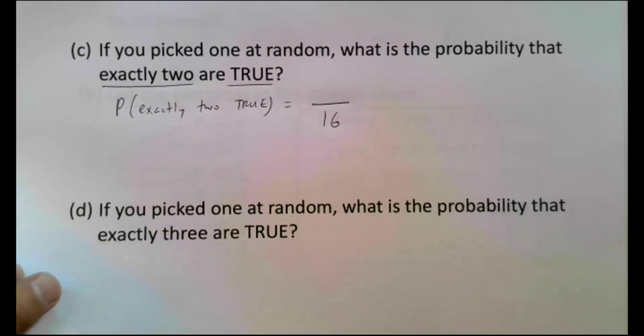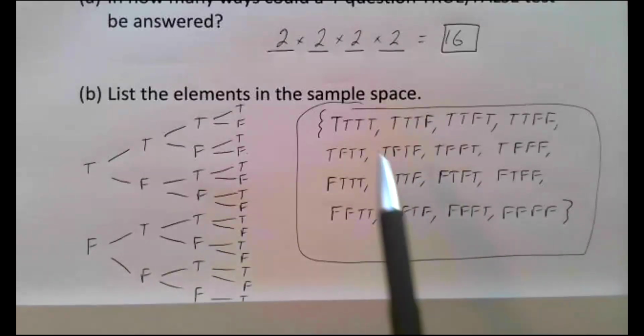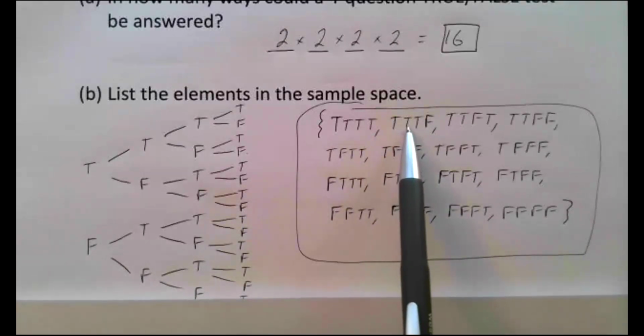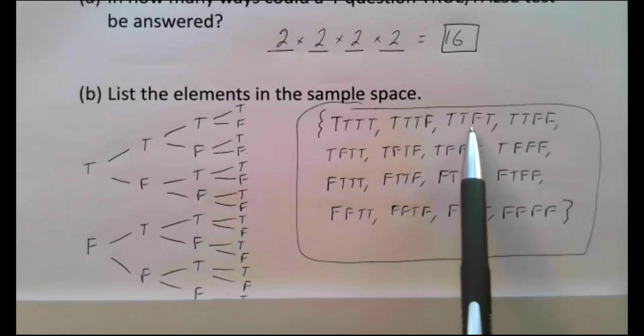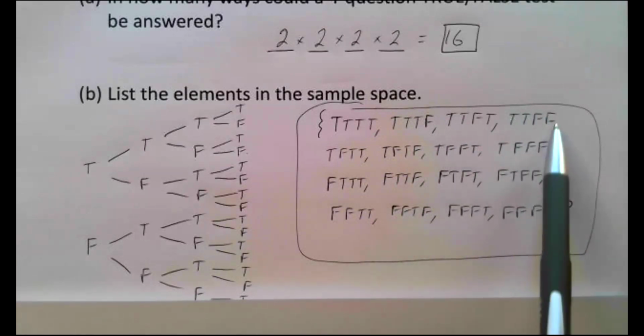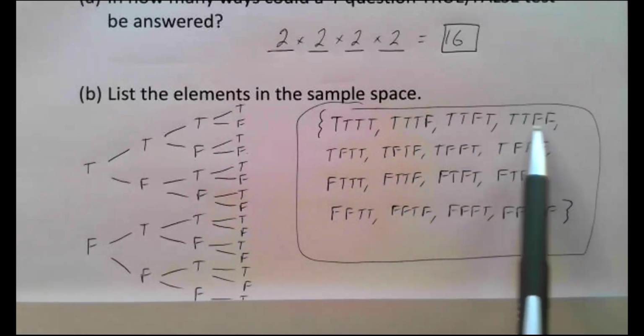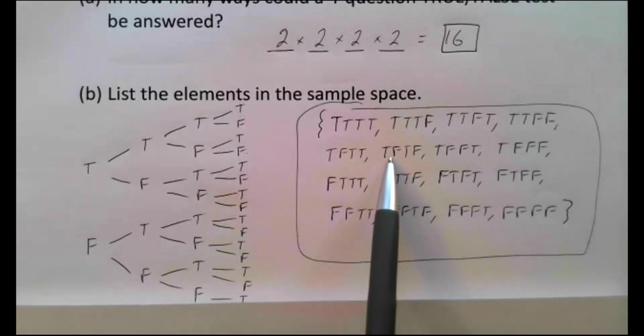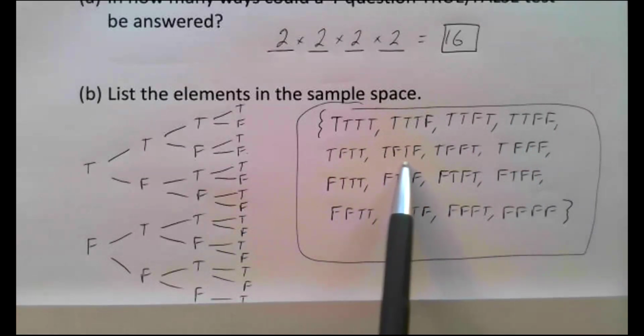Exactly 2 are true. That one right there has 2 trues, so there's 1. Exactly 2 trues. This one has exactly 2 trues.